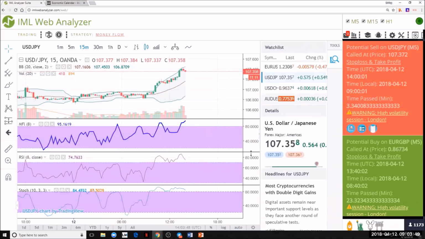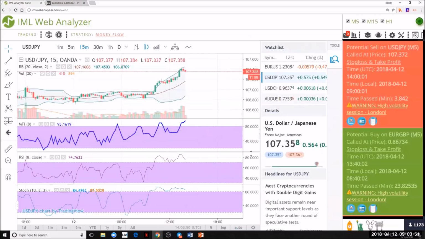I'm going to wait on money flow because money flow's also following volume. As I said, here we can see a bullish push, and so we want to make sure that push is over. I don't want to jump in and then it continues to the upside.